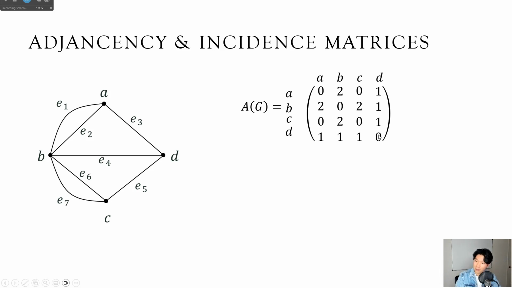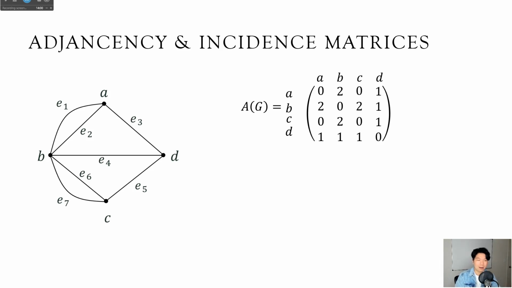If I were to fold this along this diagonal, going from the top left to the bottom right, it looks like I just copied my values down. So this is our adjacency matrix. I'm just able to look at my graph and create this matrix from that graph based on whether I have a neighbor or not, and how many edges to be exact.